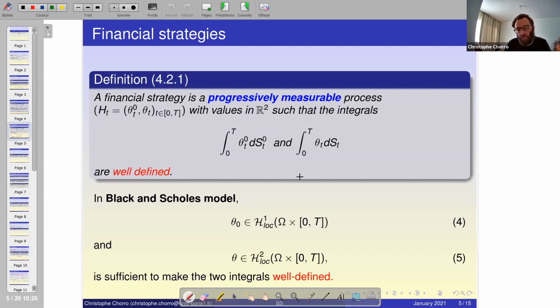And in the case of the Black-Scholes model, I have two easy conditions on theta 0 and theta t, theta 0 being the quantity of non-risky asset in my portfolio, theta t being the quantity of risky asset in my portfolio at time t, and I want them to fulfill this integrability condition in order to give sense to these two integrals. So here I have a classical Riemann integral, and in fact here I have two integrals, a Riemann one and a stochastic one.